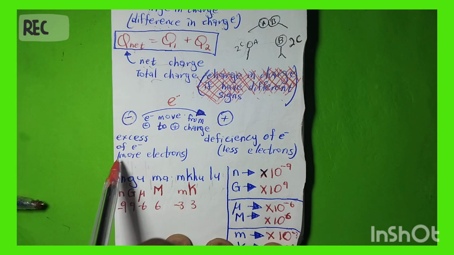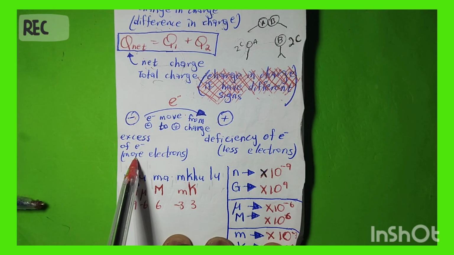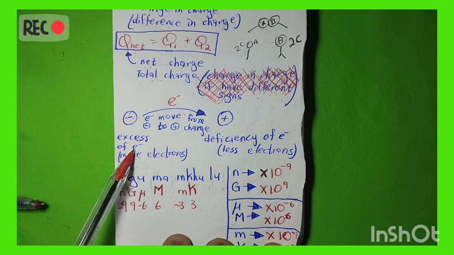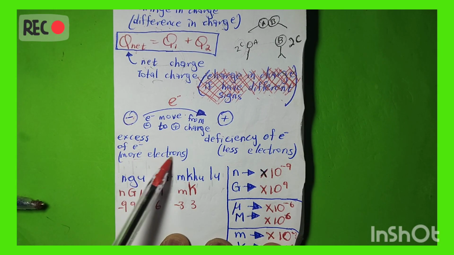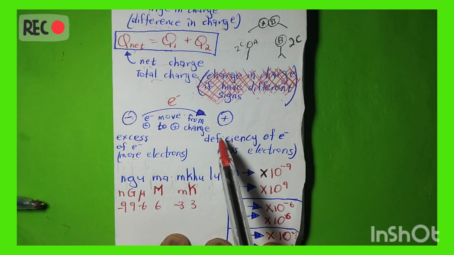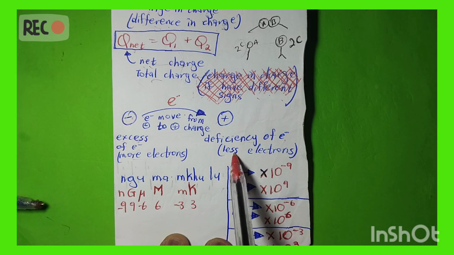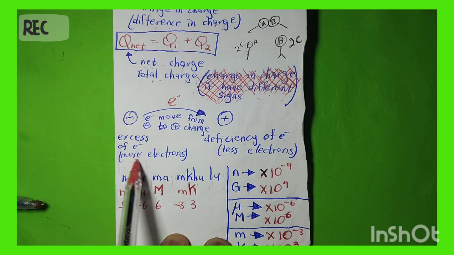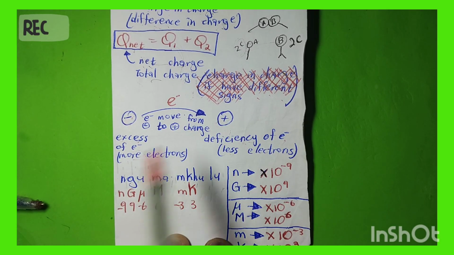From the negative charge we have what we call an excess of electrons, meaning we have more electrons on the negative side. On the positive side we have a deficiency of electrons, meaning we have fewer electrons. That's why electrons move from more electrons to fewer, deficient electrons.